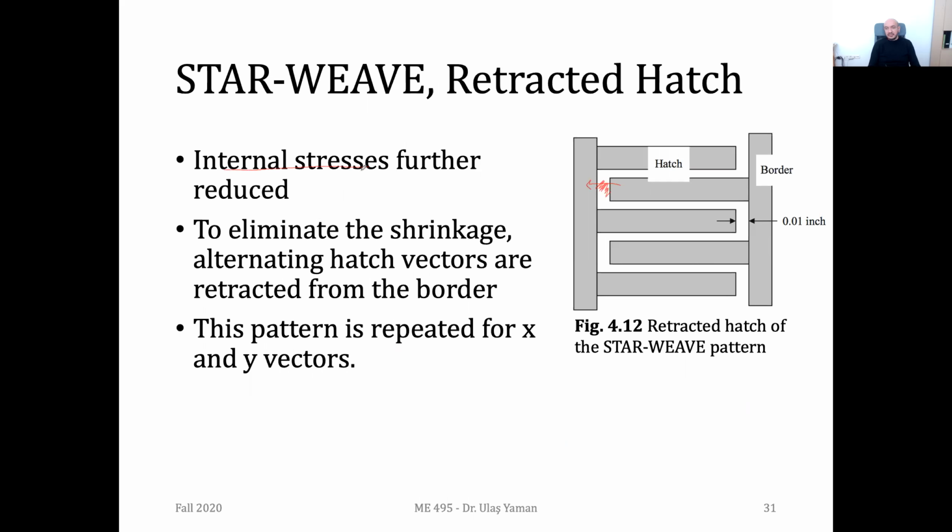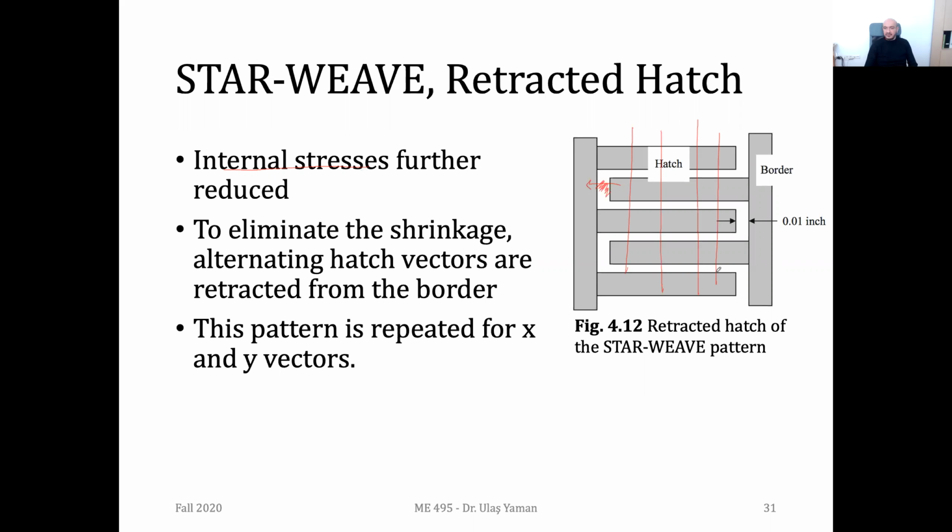It's a nice feature. We were able to reduce the shrinkage somehow by simply retracting these hatches, these lines, from the borders. And obviously this is repeated for the Y axis. This is an example for X, but we also have the same patterns on the Y axis.